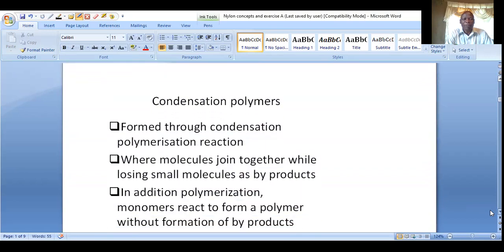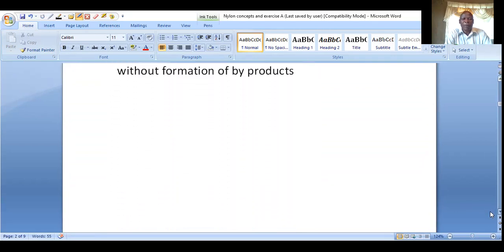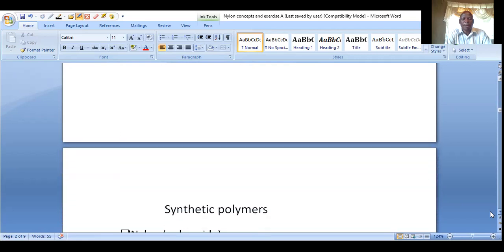Condensation polymers are formed through the condensation polymerization reaction, where we join together the molecules while losing smaller molecules.